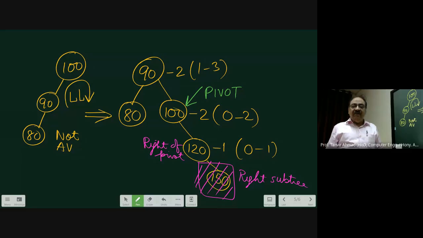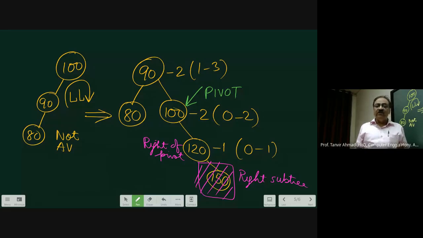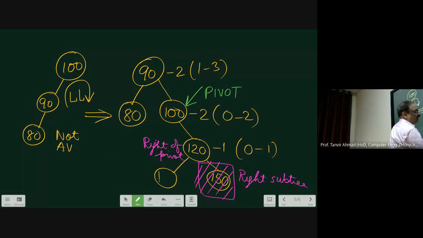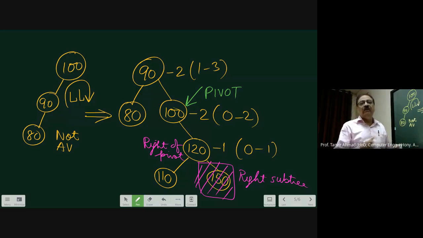That means, if I had inserted at the left of 120, this was not an RR rotation. If insertion would have taken place in the left, for example, I might have inserted somewhere over here, say at this place, maybe 110, instead of 150.